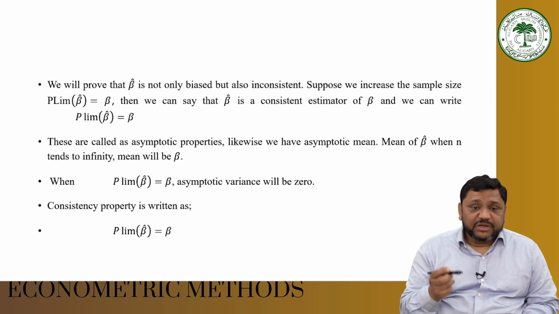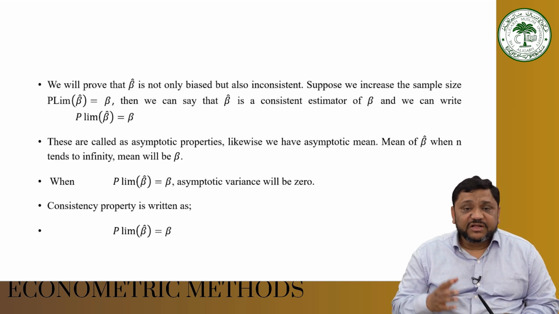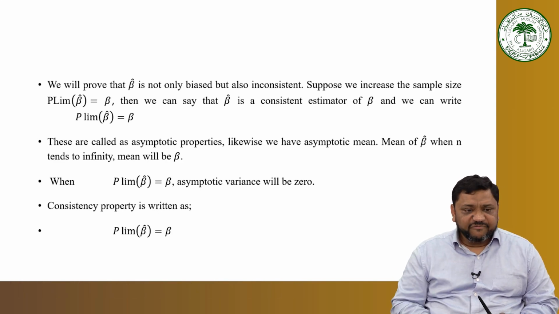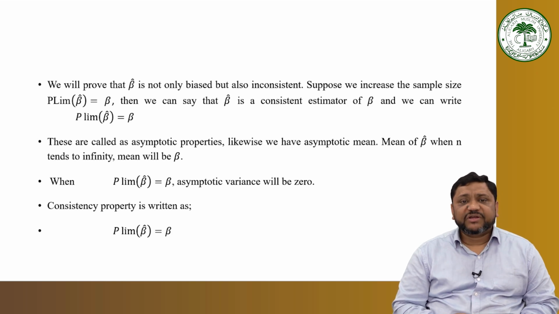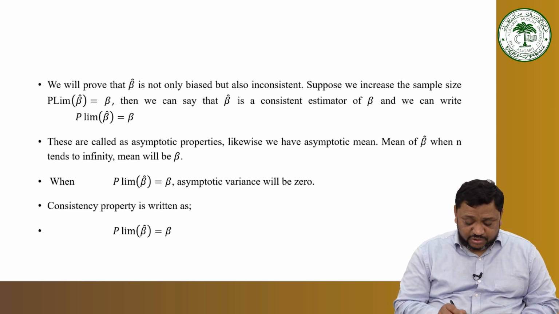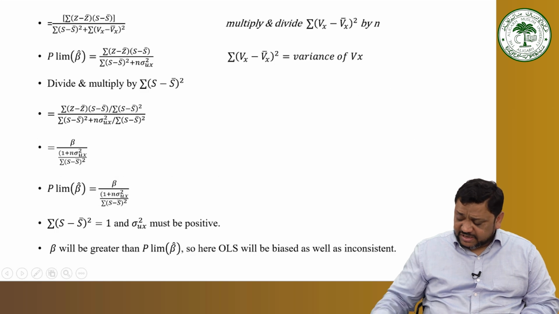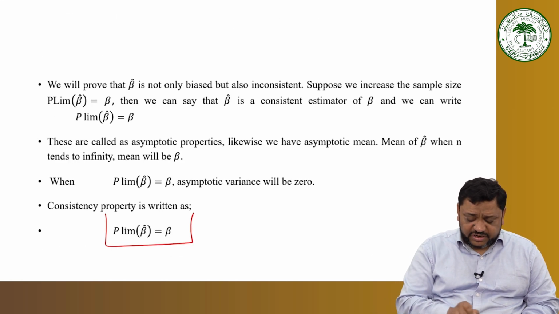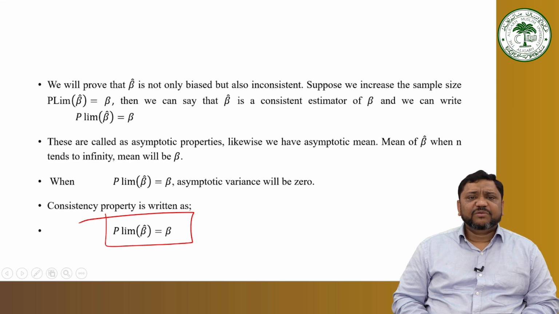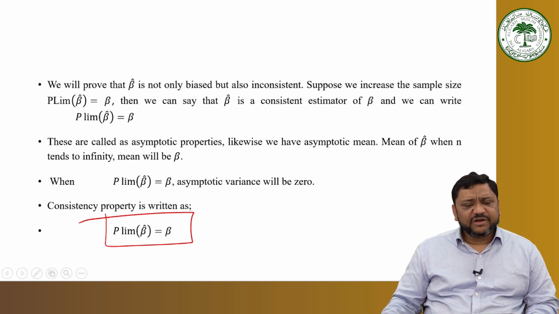Likewise, we have the asymptotic mean of beta hat when n tends to infinity will be the mean of beta. So plim beta is equal to beta, and the asymptotic variance is equal to 0. So consistency: an estimator is consistent if the probability limit of beta hat is equal to beta.